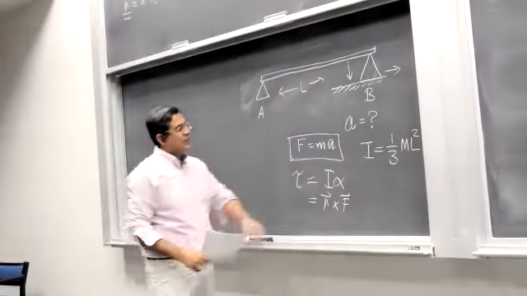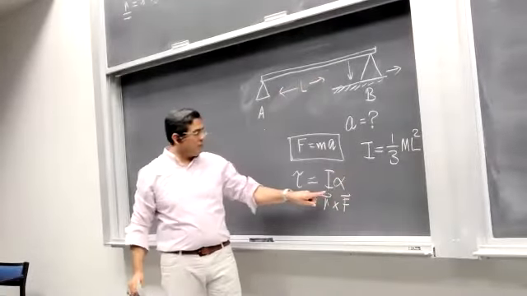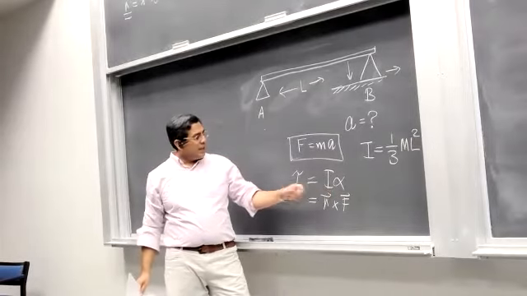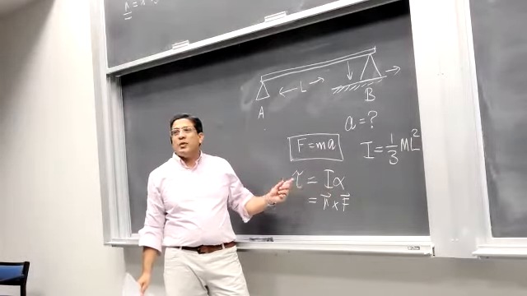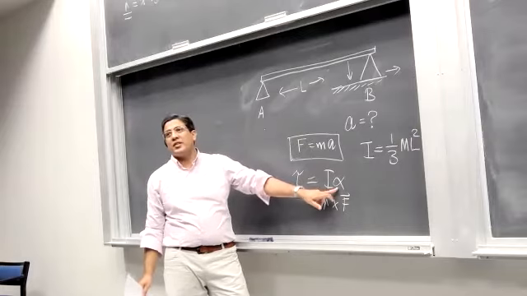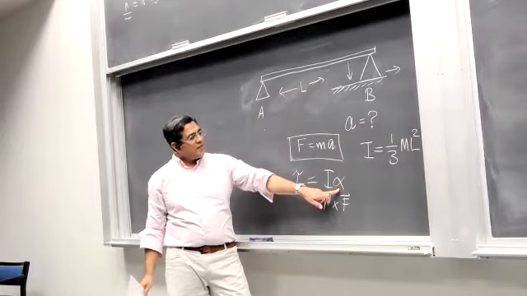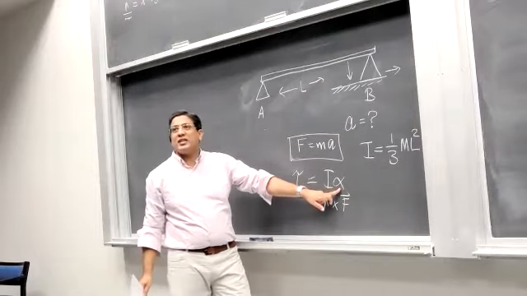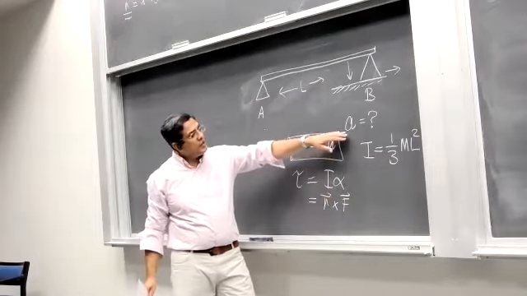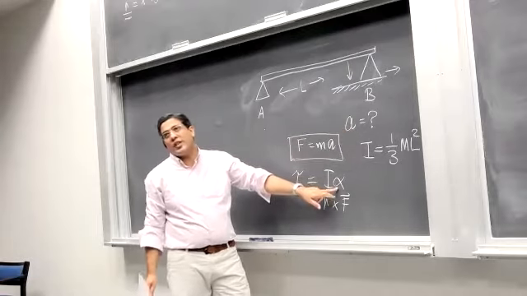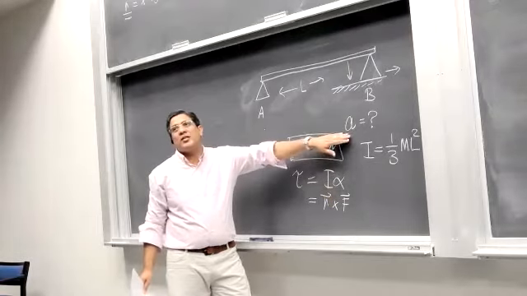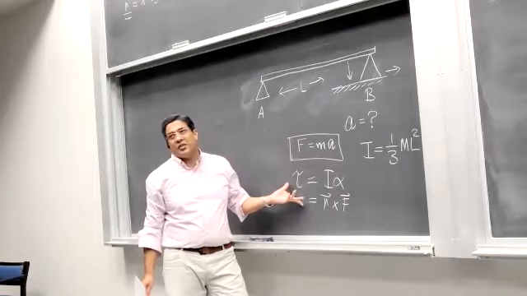So this is the moment of inertia. We know the moment of inertia. And if we can figure out the torque, we would be able to figure out the rotational acceleration. And if we can figure out the rotational acceleration, then we know that the tangential acceleration is related to the rotational acceleration. So we would be able to answer this question using these equations.